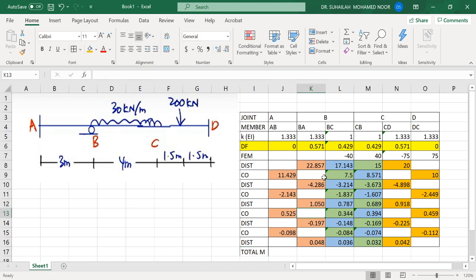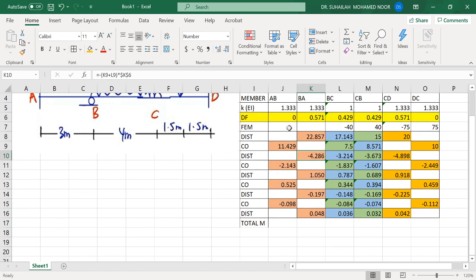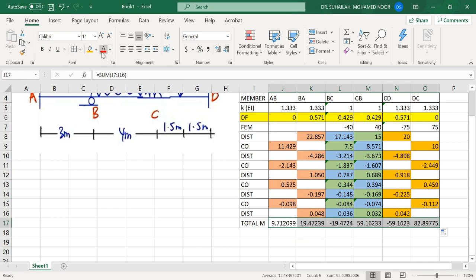How we are going to do this is we have to add all the moment values in the table, column by column. We have 6 columns. What we will do now is highlight, because I want to find the summation. Then I will copy. I want to bold this one.